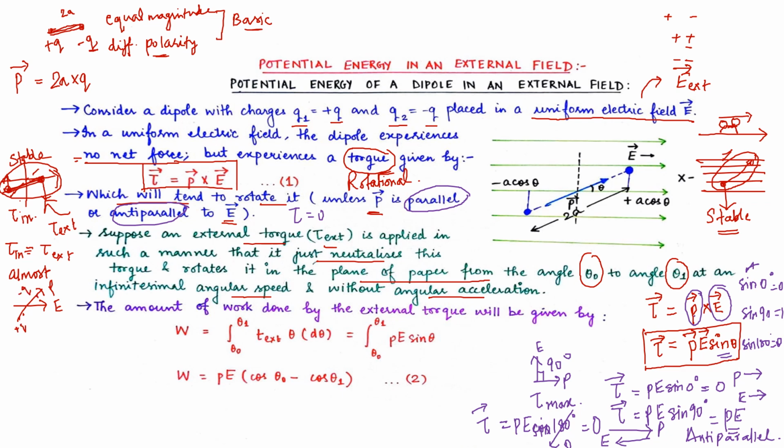So this is making some angle theta naught, and tau external we have provided in such a way that it will neutralize the internal torque's effect, but still will create a little difference, and in this little difference our angle will either reduce or increase. Anything can happen, but by a very small factor. So the change in angle is from theta naught to theta 1.